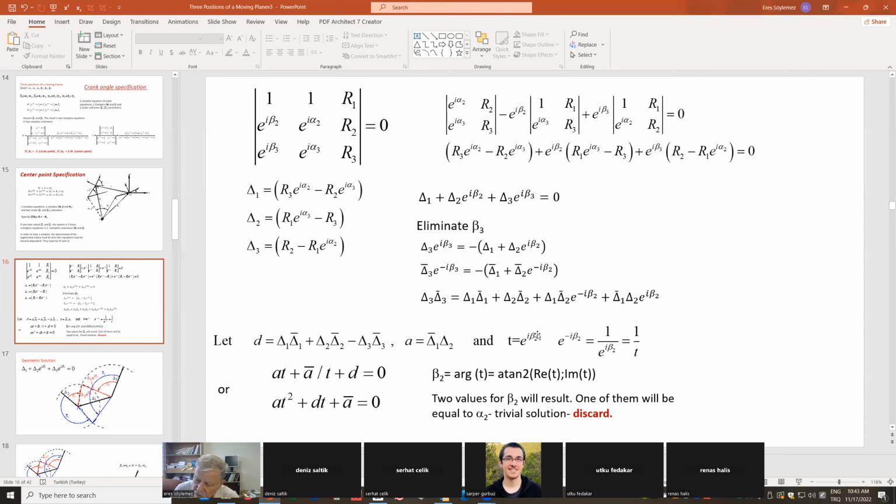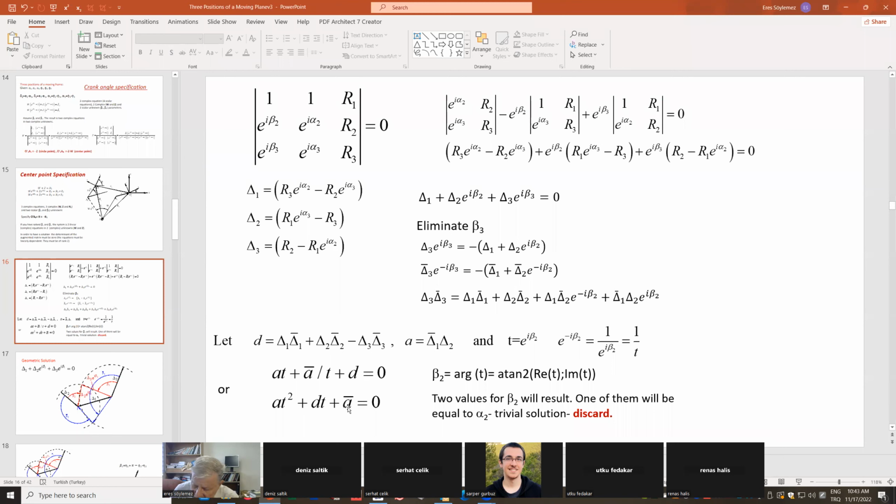Since T is equal to e to I beta 2, there's no possibility for T equal to 0, so this is not infinite. In that case, I can multiply this equation with T. I will end up with, sorry, AT squared plus DT plus A bar equals 0.